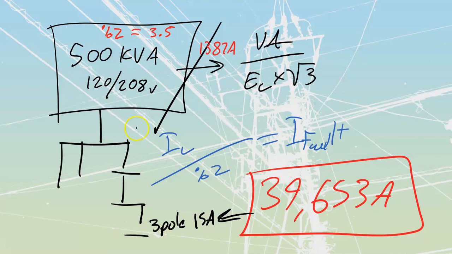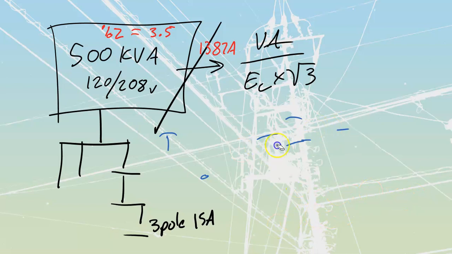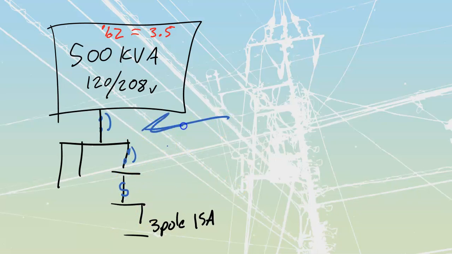If we have this transformer over here, we've got 3 main approaches that we can use for our fault current or for our overcurrent calculations based on that fault current. First one that we could do is that every single place that we have a breaker or a fuse, we would make sure that breaker or fuse is able to interrupt 39, we're just going to round this, 40 kiloamps.